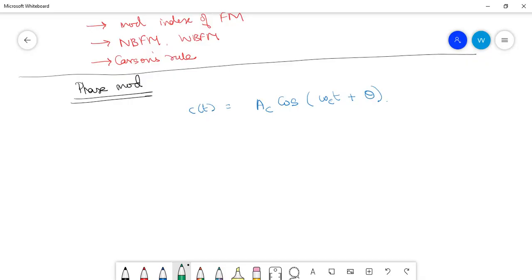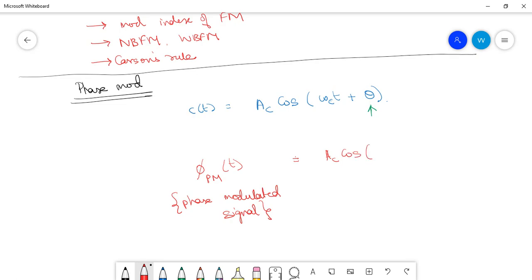Now what exactly is the phase part of the carrier? This thing. So I can write phi_PM(t), the phase modulated signal, as A_c cos(omega_c t + k_p m(t)), where k_p is the modulating factor of phase modulation.